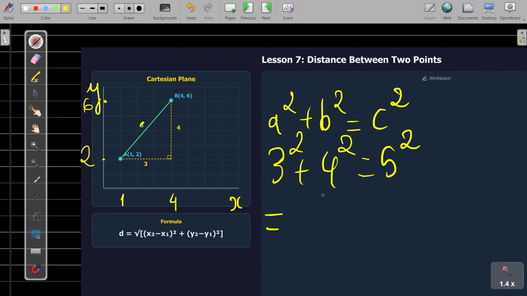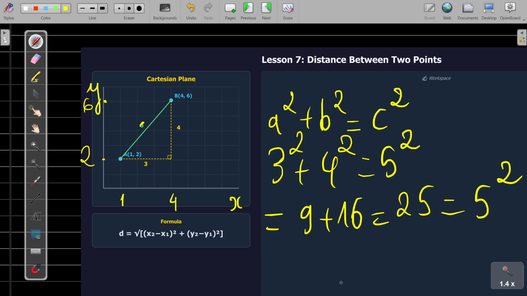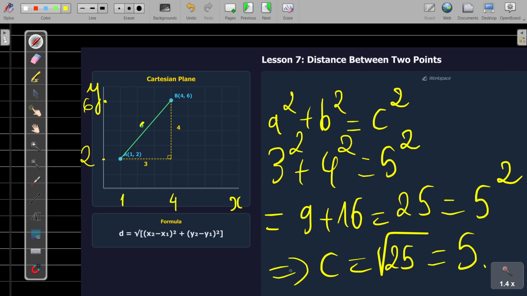Because 9 plus 16 is going to give us 25, and this is going to be 5 squared. And so we need to find c. C is going to be the square root of 25, which is going to be 5. So c is going to be 5. So the distance between these 2 points is going to be exactly 5 units.